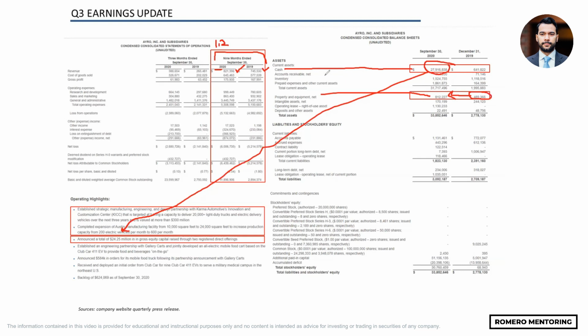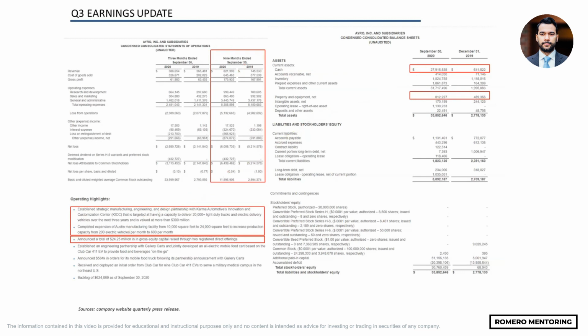Very, very important. In terms of inventory and raw material, $1.5 million, and I expect this to continue to increase over the coming quarters if they're going to be scaling and begin to produce and deliver between 200 and 400 monthly vehicles.